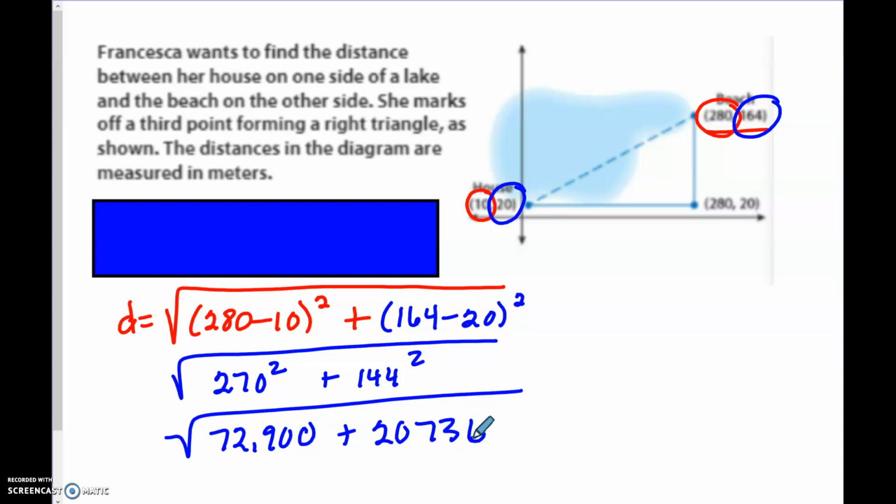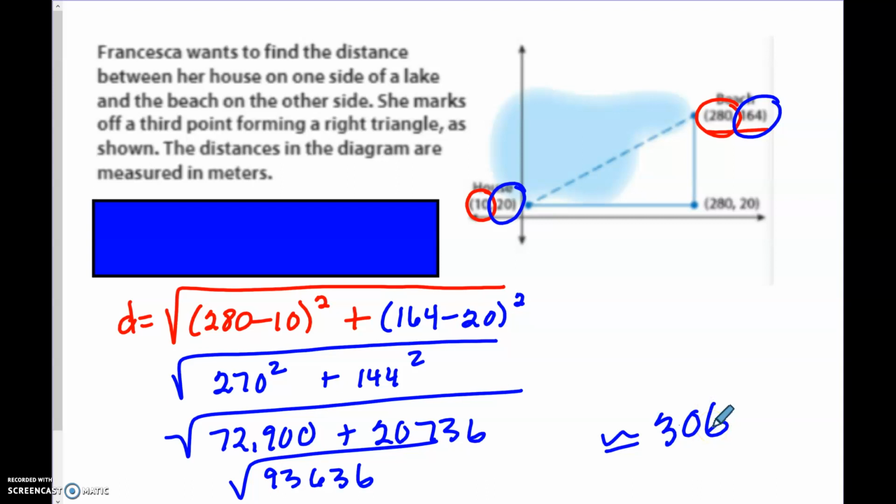So now we're going to add those two numbers together, and I got something like 93,636. So now we need to remember to take the square root of that, and I got 306.